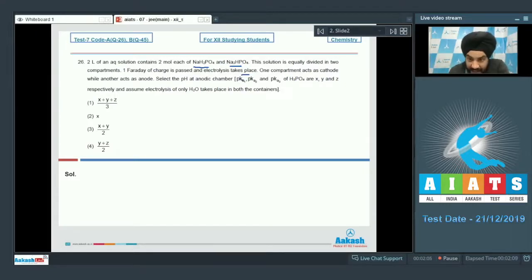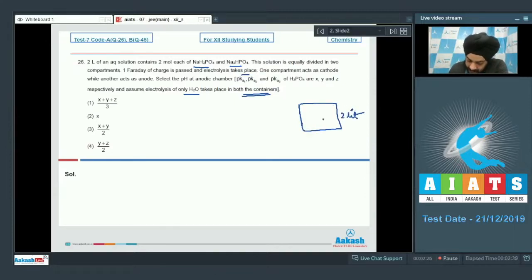It is given to us that pKa1, pKa2 and pKa3 of H3PO4 are X, Y and Z respectively, and assume only electrolysis of H2O takes place in both these containers. So students, what is happening in this case is we had a 2 liter solution.